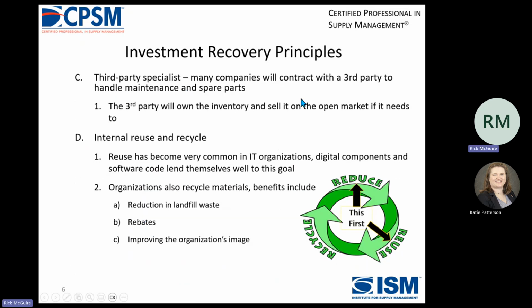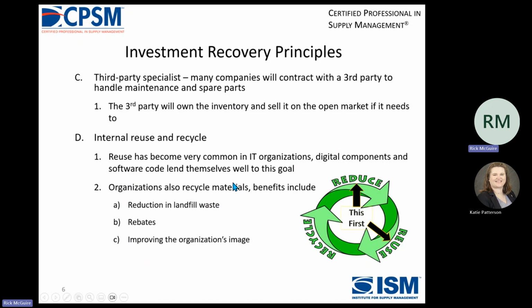Third-party specialists, many companies will contract with a third party to handle maintenance and spare parts. The third party will own the inventory and sell it on the open market if it needs to. So if you hire third-party specialists for maintaining your generators, you don't have to worry about having excess parts. Internal reuse and recycle. Reuse has become very common in IT organizations.